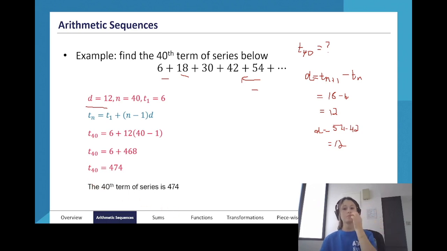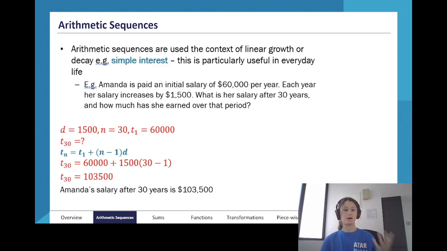Okay, moving on to a harder application of arithmetic sequences. So, arithmetic sequences can also be used in the context of linear growth or decay. And of course, it's linear because we are always adding the same amount every time.